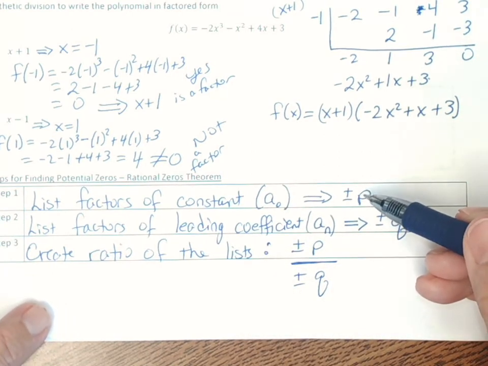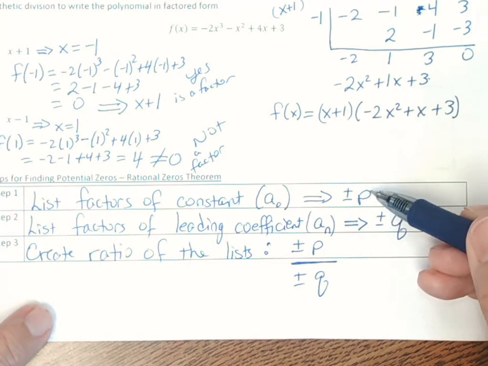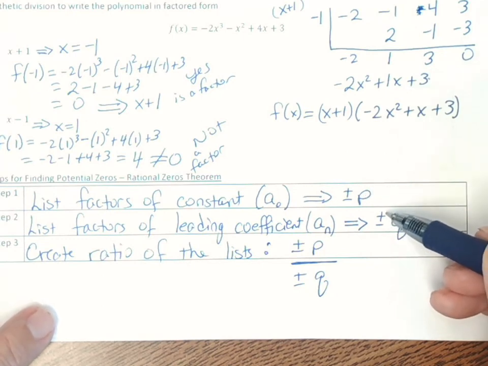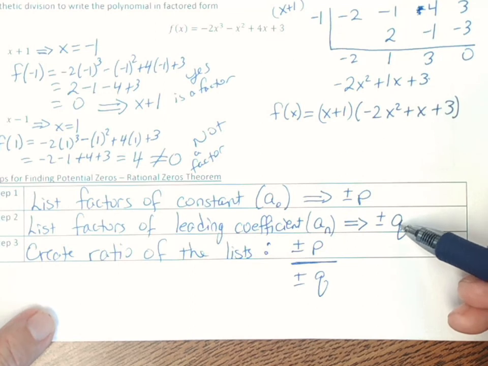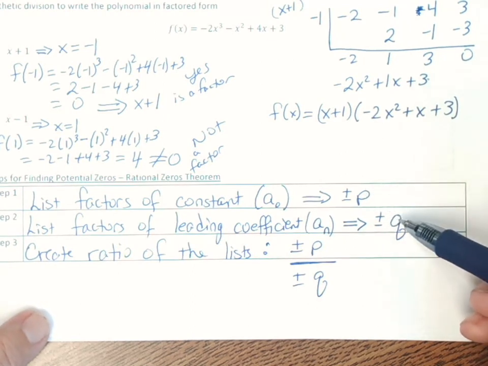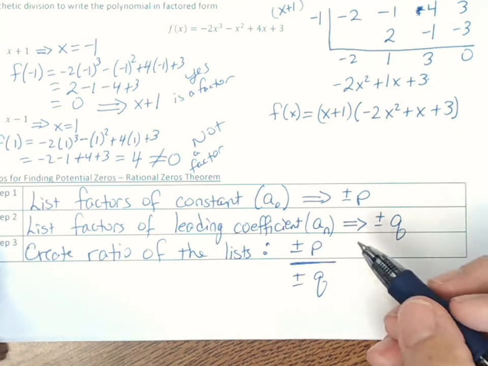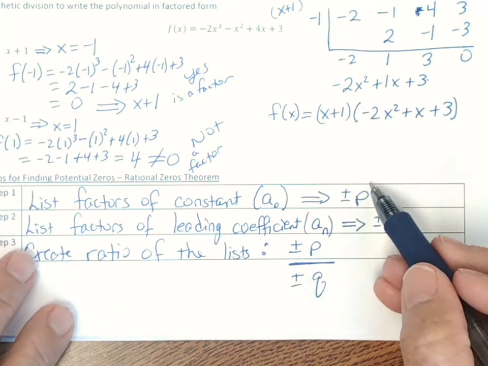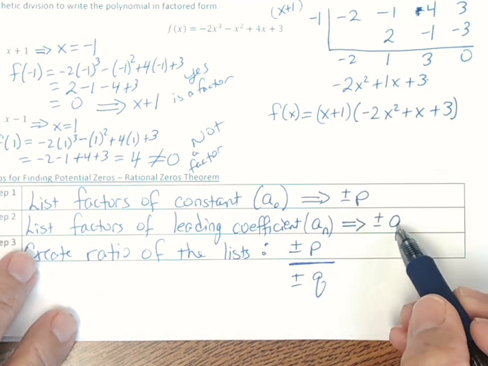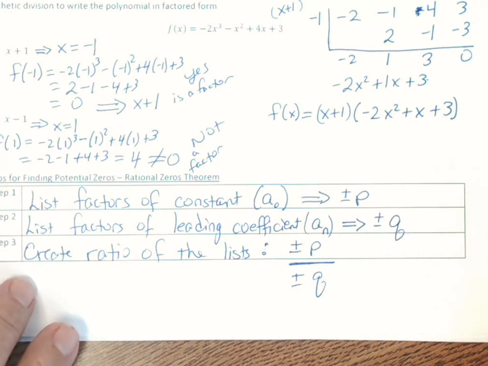Remember, right here we said our factors of 3 are plus or minus 1 and plus or minus 3. This was plus or minus 1 or plus or minus 2. So 1 divided by 1, 1 divided by 2, etc. You can see the list can grow, but it's not an unlimited list. It is only things that you create by factors of the constant divided by factors of the leading coefficient. Okay, and let's continue on the next video.